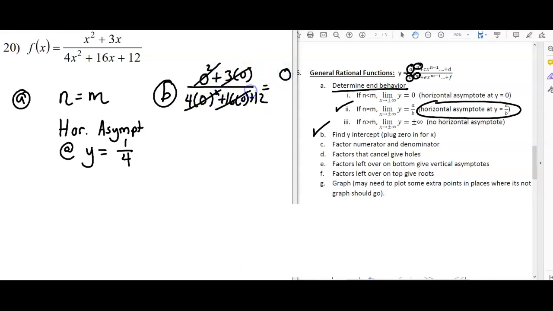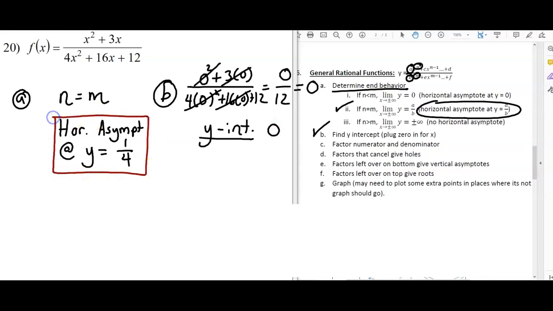This goes away, and this goes away, and I'm left with 12 on the bottom, and therefore I just have 0. So my y-intercept is 0. So far we got two useful pieces of information to help us get a graph. I know where my horizontal asymptote is, and I know what my y-intercept is. Let's go ahead and take a look at part C.